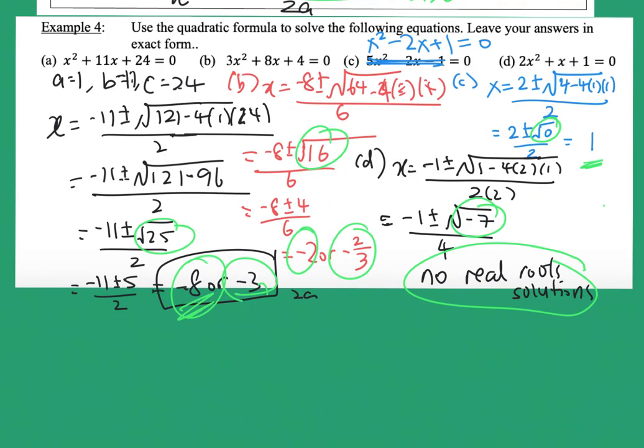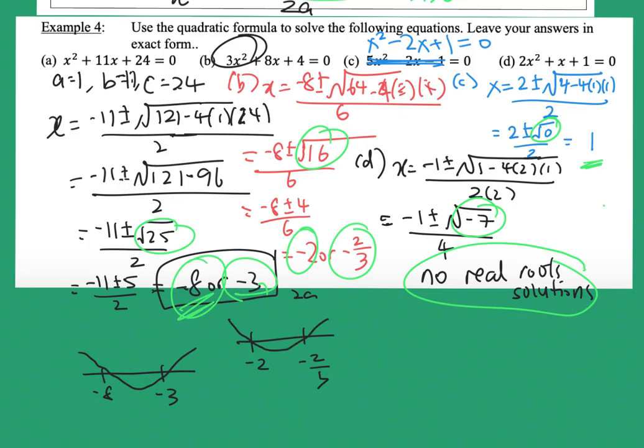So what does this mean graphically? For part A, we know that the solutions are -8 and -3. A is positive, so it has a minimum, so your graph looks like that. For part B, again, you have -2 and -2/3. This is also a minimum, and it goes like that.